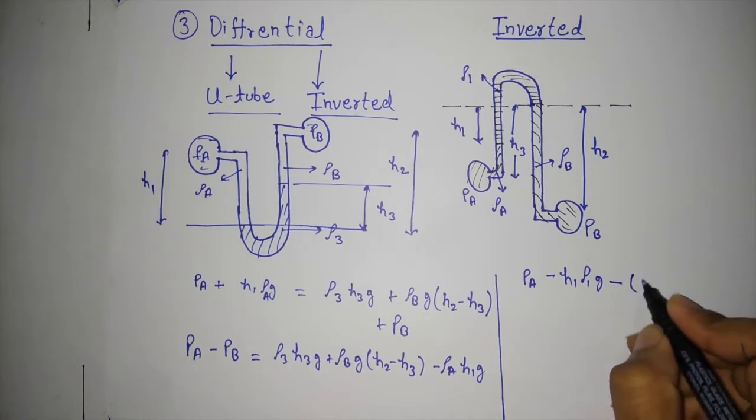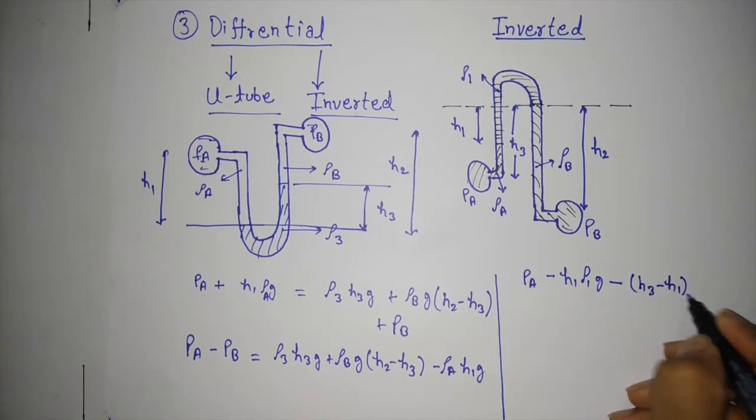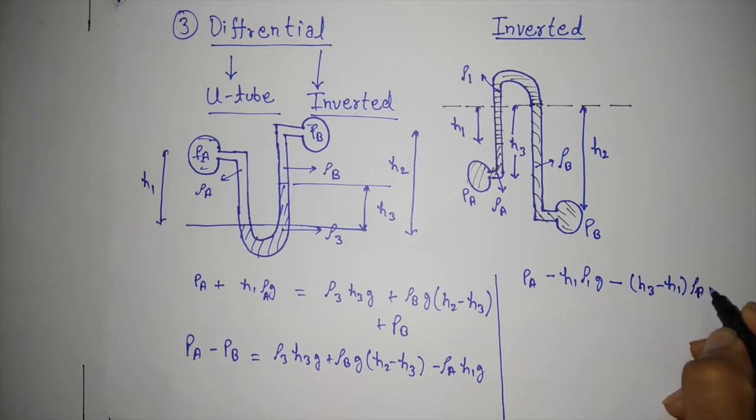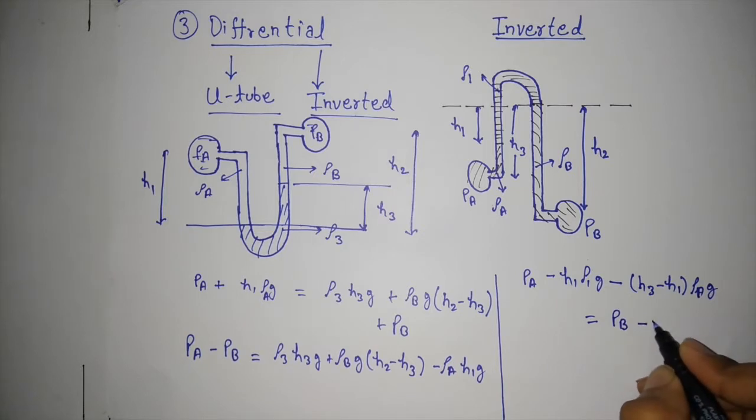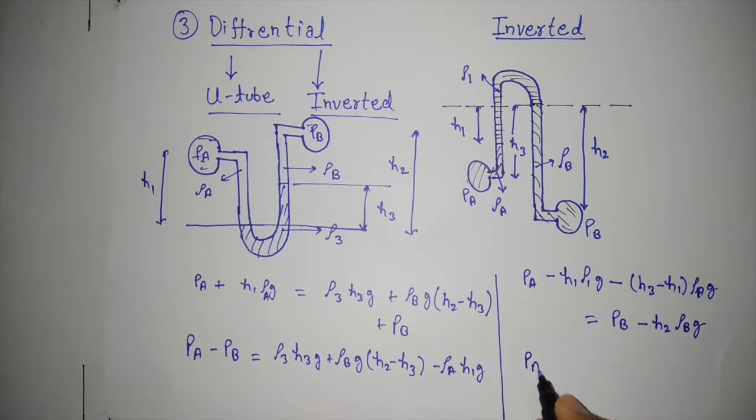Minus (H3 minus H1) rho A G equals PB minus H2 rho B G. Pressure difference PA minus PB equals H1 rho 1 G plus (H3 minus H1) rho A G minus H2 rho B G.